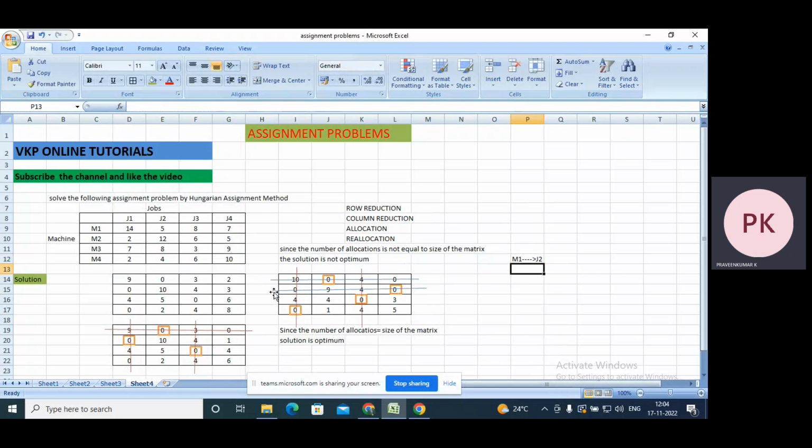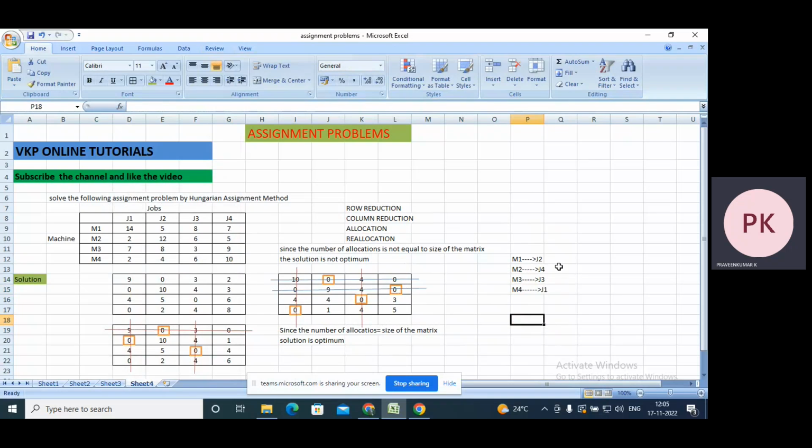Then similarly, M2 to J4. Then M3 to J3. And the last one is M4 and J1.